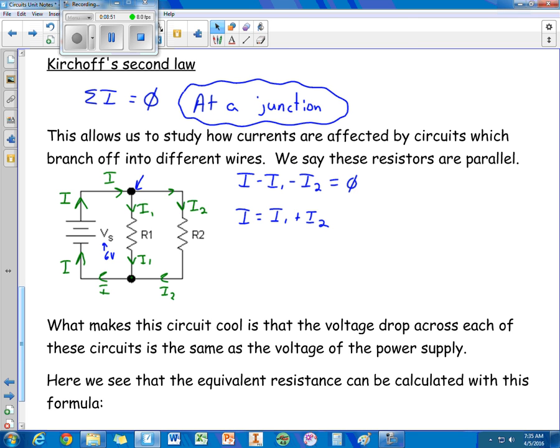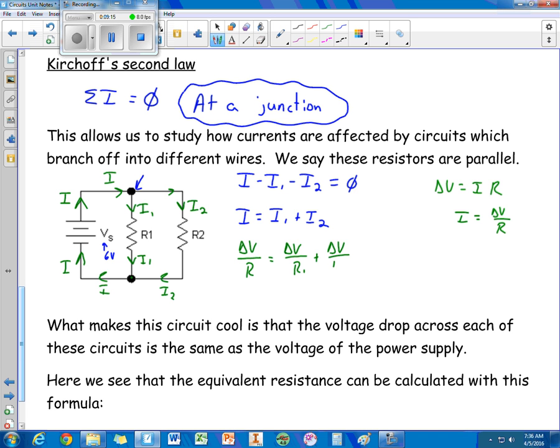So looking back to Ohm's law, delta V equals IR, that means that I would equal delta V divided by R. So for this first current, I would have delta V divided by R equal to delta V divided by R1 plus delta V divided by R2.